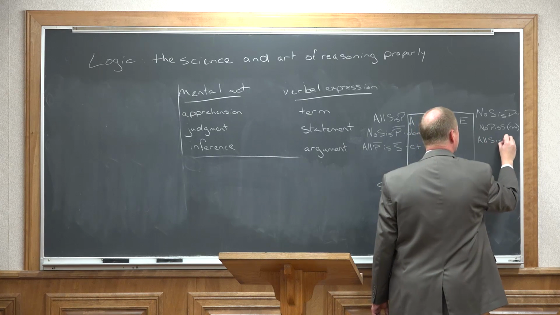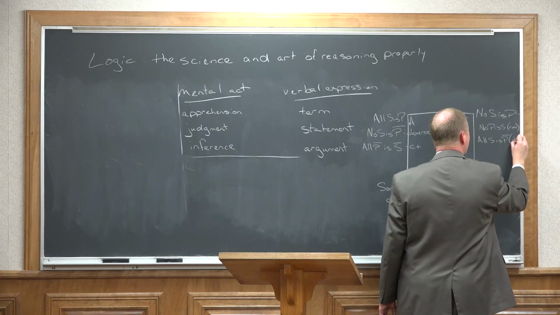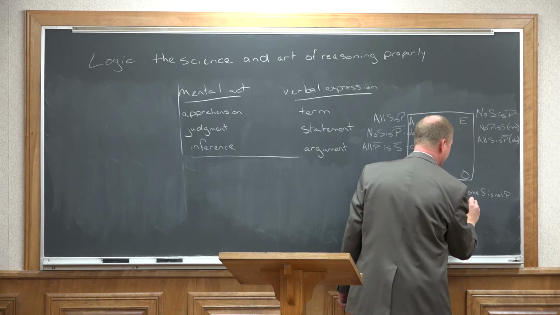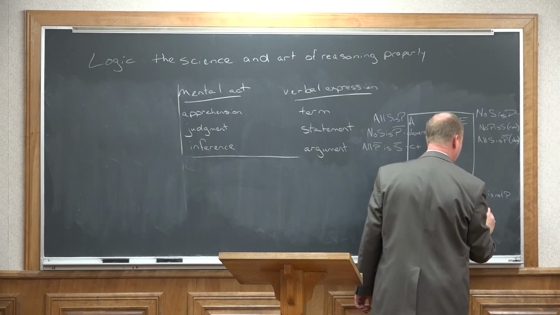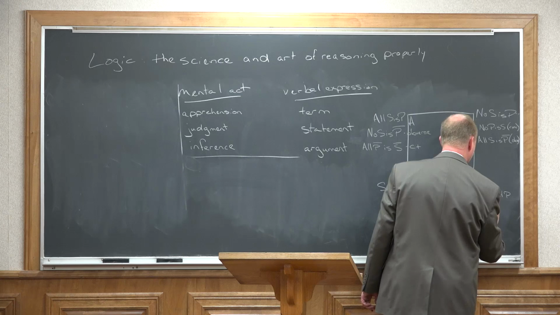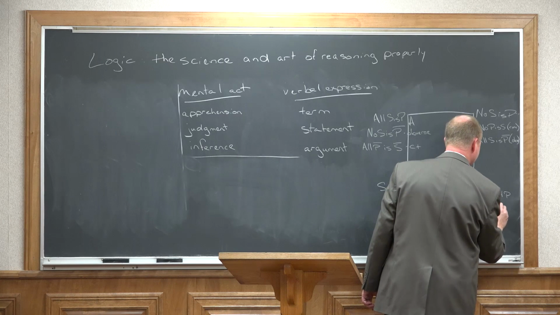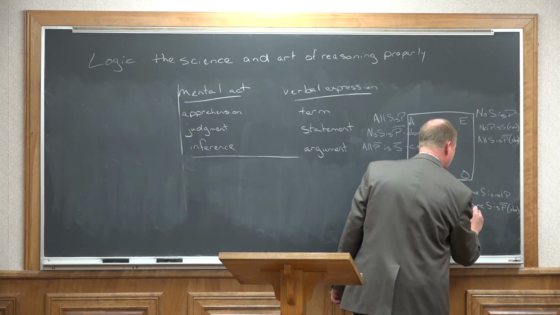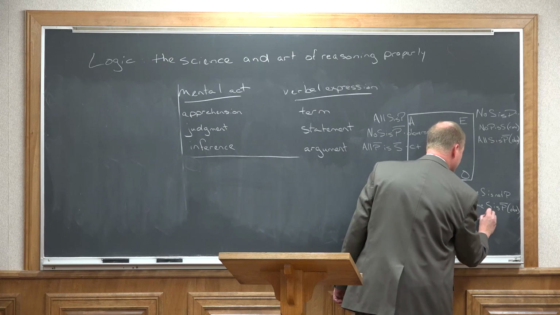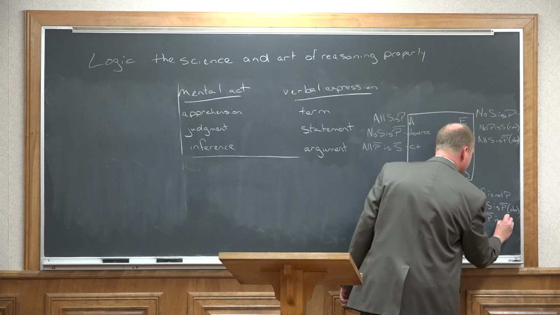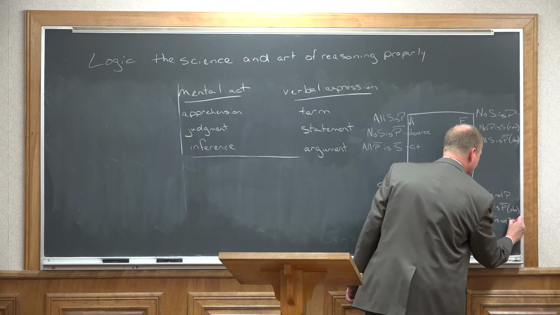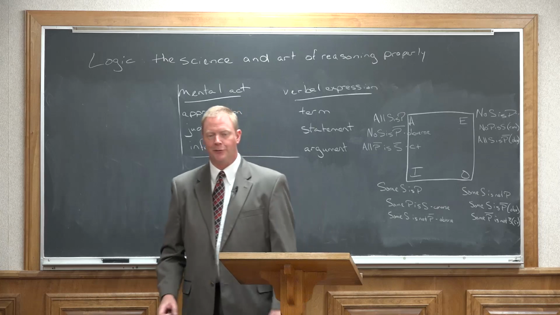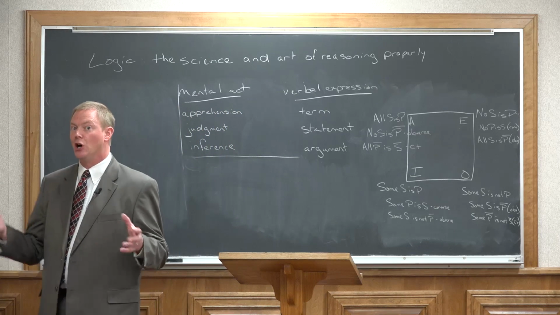All S is non-P. And then on the O statement, some S is not P. Obverse. Some S is non-P, that's obverse. And some non-P is not non-S. Contrapositive.